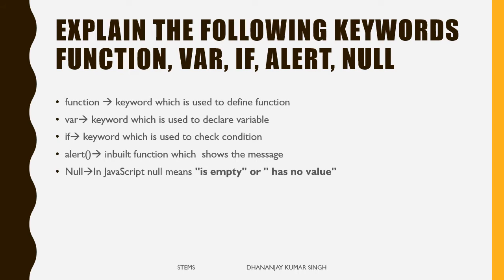If, which you know from the 10th standard, is the keyword which is used to check a condition. Alert is an inbuilt function, or we can say library function, which is used to display the message. Null means empty or has no value in JavaScript.